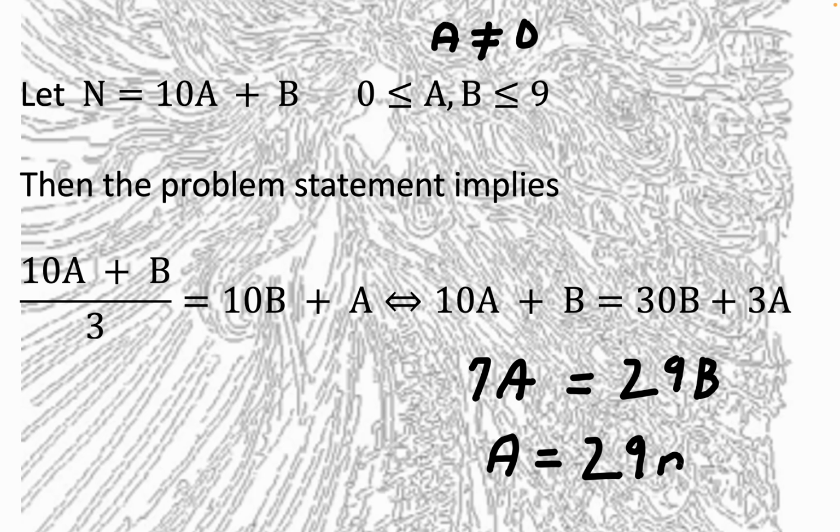But you can see that this definitely is a contradiction. In other words, we know that the decimal digits, so that's why this was important, are trapped between 0 and 9. And so a cannot be a multiple of 29. Like if m were 1, that would be a is equal to 29. We know that a can't be equal to 0. So you see how this is impossible?